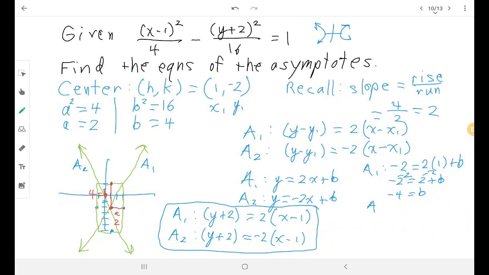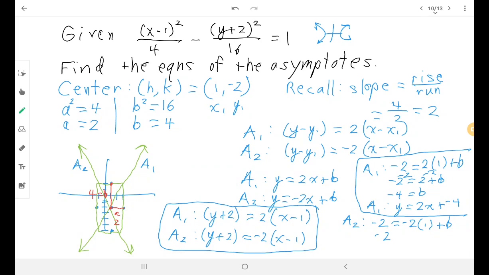So for A1, we get an equation of y equals 2x plus -4. You could write that as minus 4. And then for A2, we'll use the same x and y, so y, which is -2, equals the slope, which is -2, times x, which is 1, plus b.